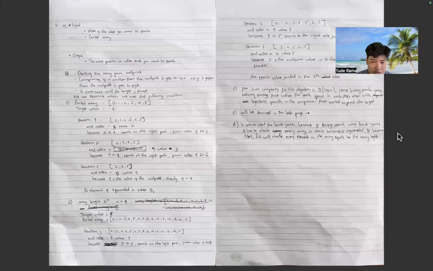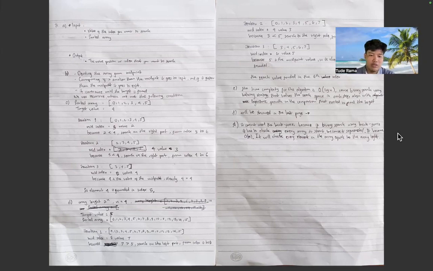I will use 4 for n. So 2 power 4 equals a 16-element array. The value I will find is 5. The array is 1 until 15.